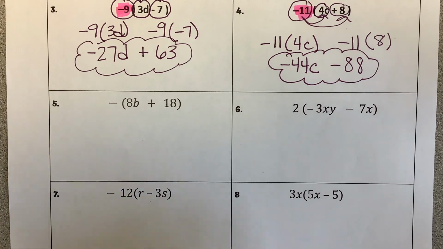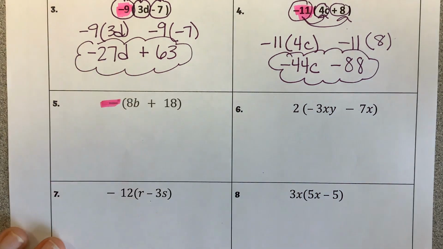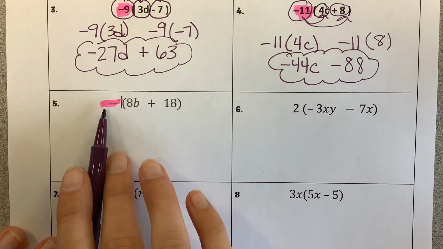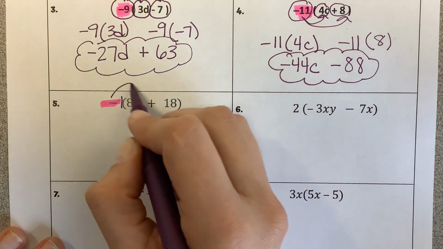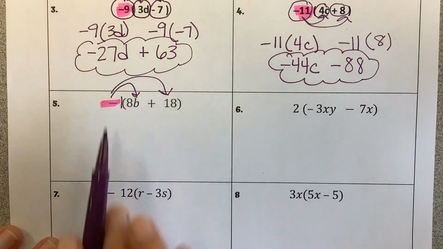Number 5 is a little weird looking. There's no number, but there is a negative. Technically, that would be -1. And this is important because this is where people start making mistakes. This negative has to be applied to both terms on the inside. So I could actually jump straight to my answer.